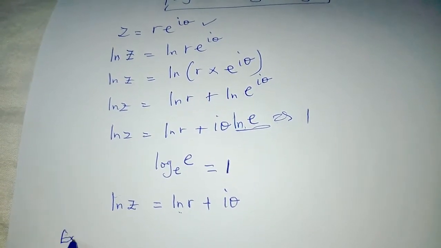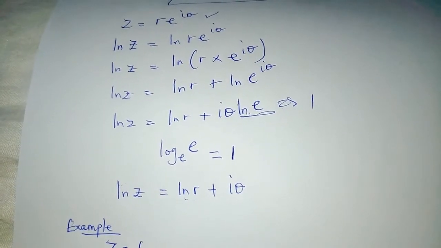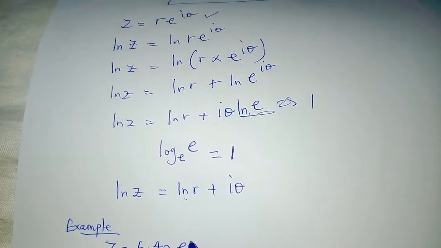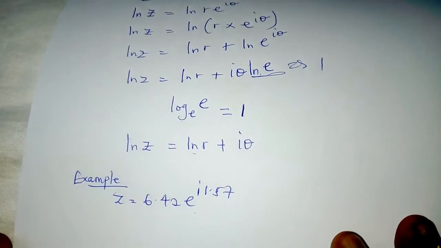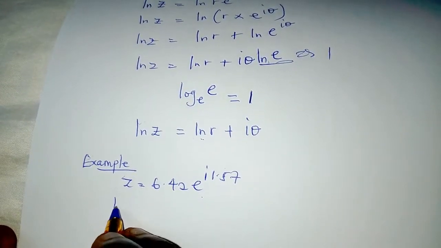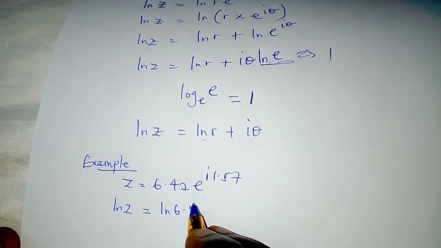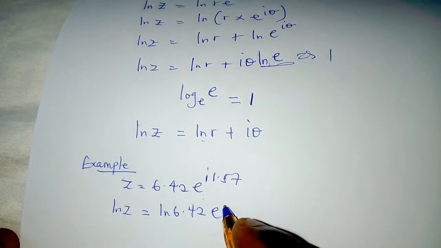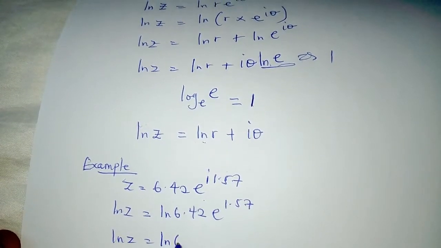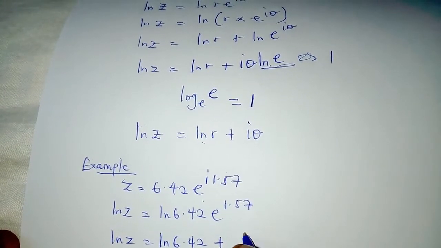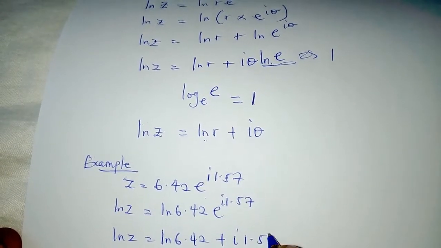For an example, we have z equal to 6.42 e exponent i 1.57. Now you take natural log of z, which becomes natural log of 6.42 e^(1.57 i), and this turns out to be natural log of 6.42 plus i 1.57.